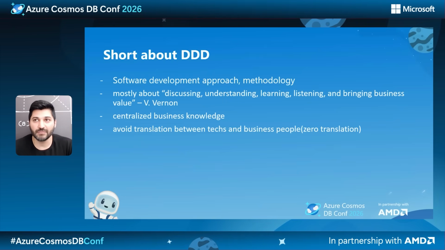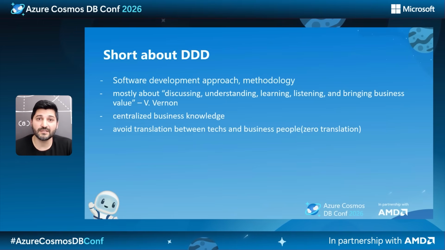Domain-driven design is not a design principle. Domain-driven design is a software development approach. It is a software development methodology. And domain-driven design is all about discussing, learning, listening, bringing business value rather than a technology. You can apply domain-driven design to any modern programming language you're using.